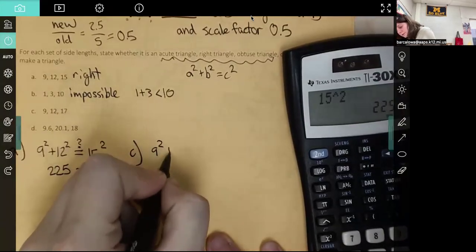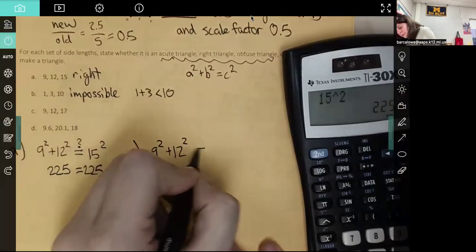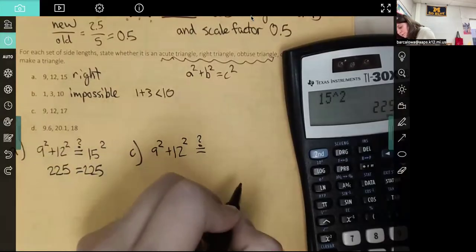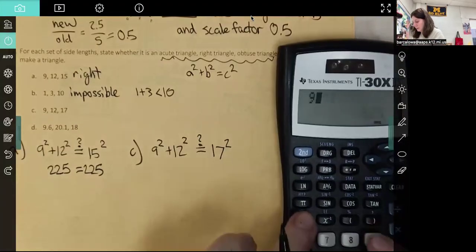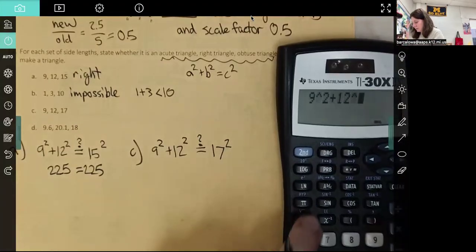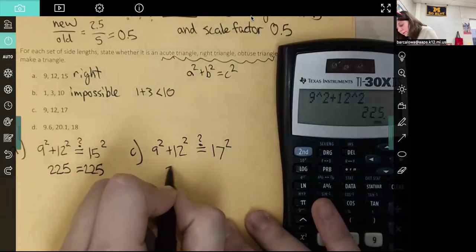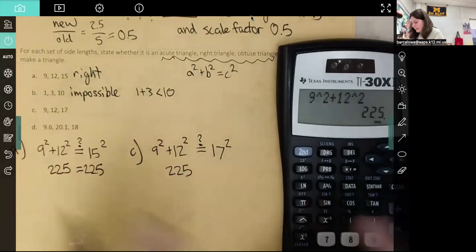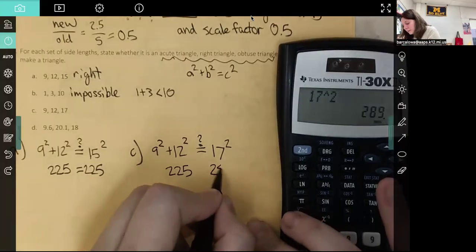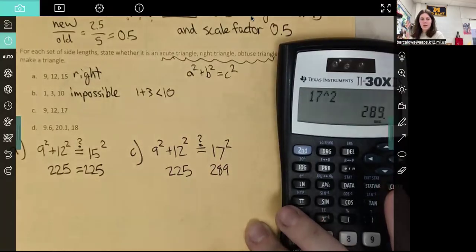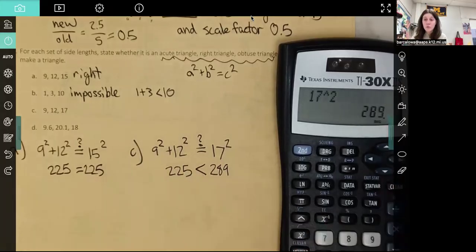9 squared plus 12 squared, is that equal to 17 squared? Okay, well, 9 squared plus 12 squared is 225. Wait, I already knew that. 17 squared is 289. Okay, that longest side is too big.